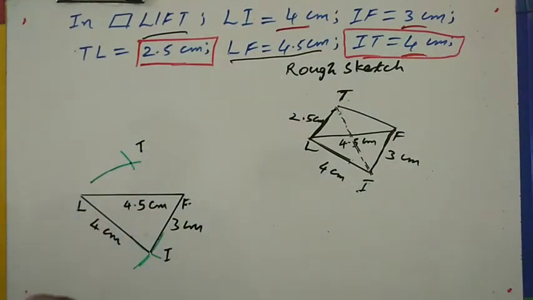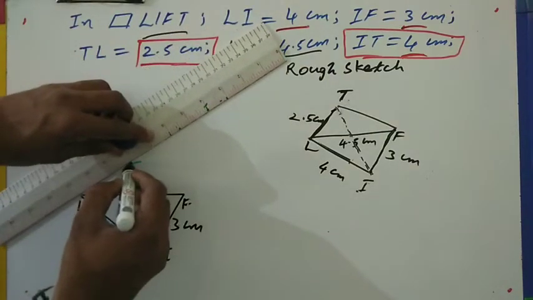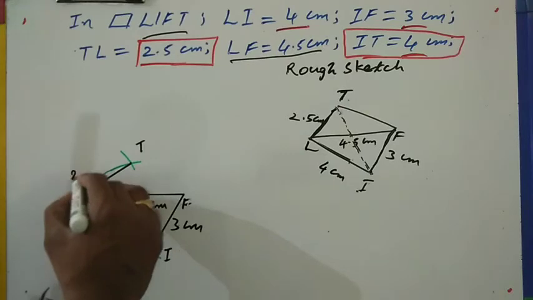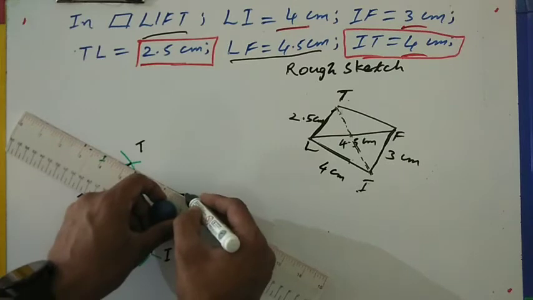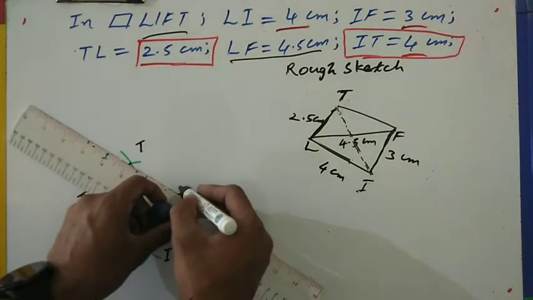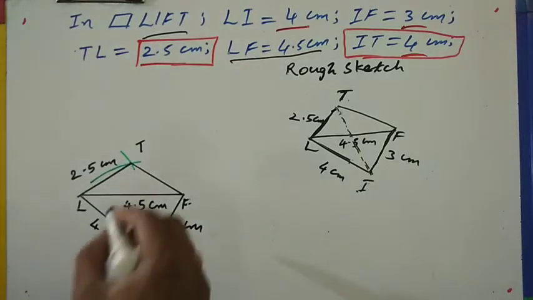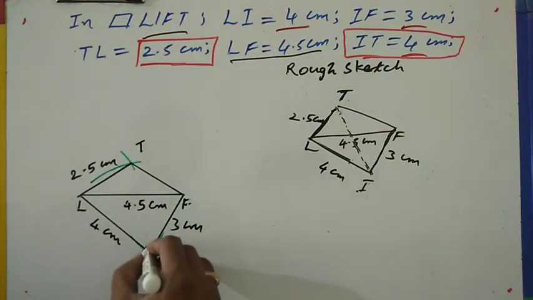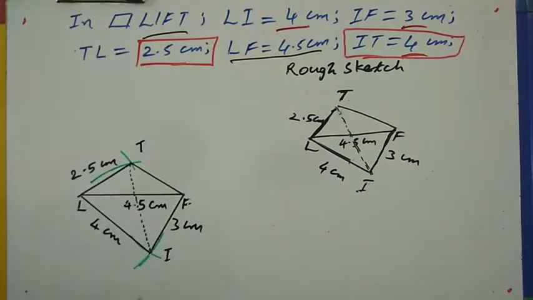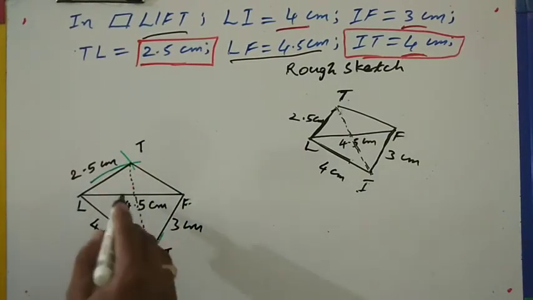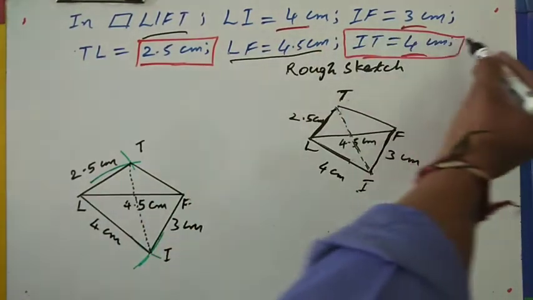Now, if I join LT, this is of 2.5 centimeter, and if I join FT, I will get the quadrilateral, but I am not given measure of FT. Here the measure of IT is 4 centimeter. This is another diagonal.